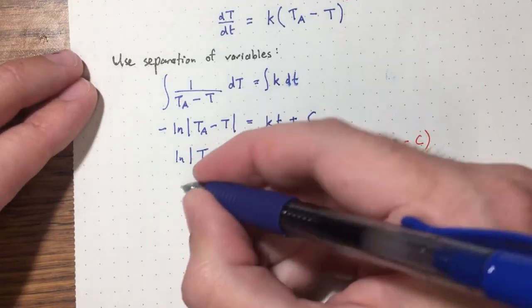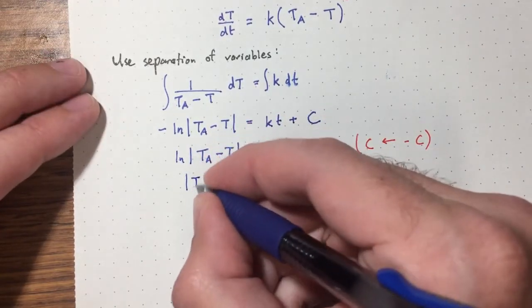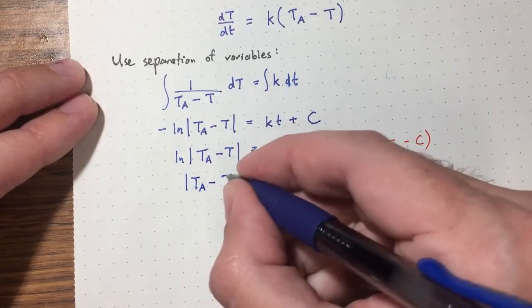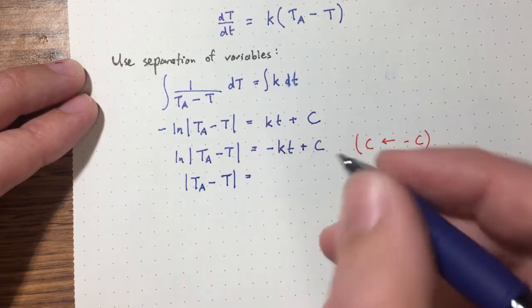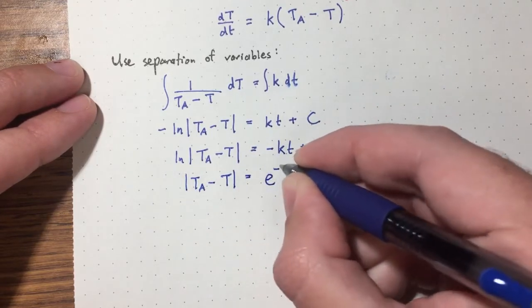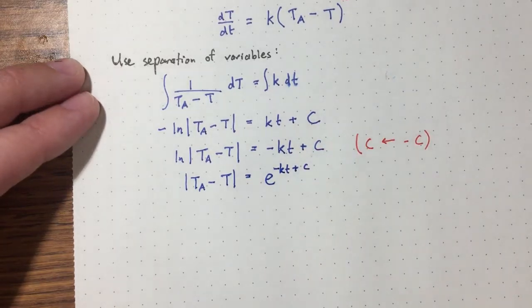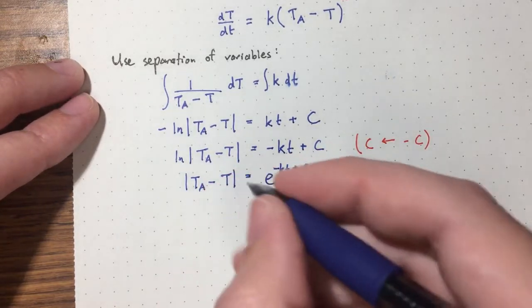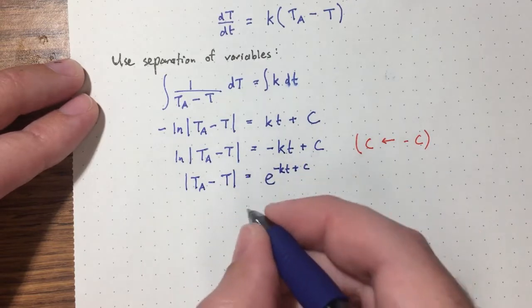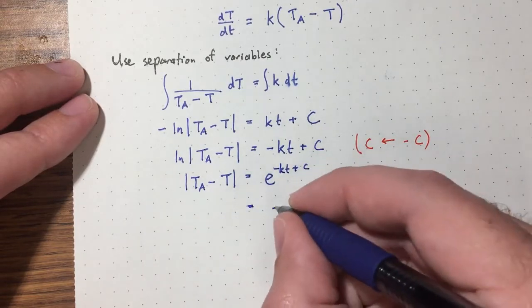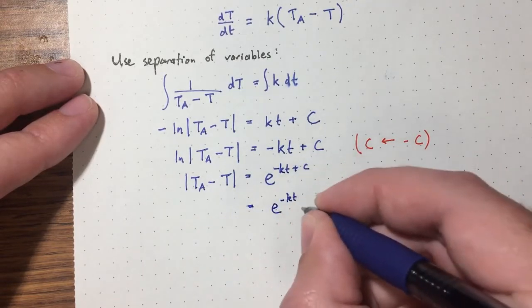Then we exponentiate both sides. So we get this absolute value equals e to the power of negative kt plus c, all in the exponent. But we can rewrite this side as e to the negative kt times e to the c.